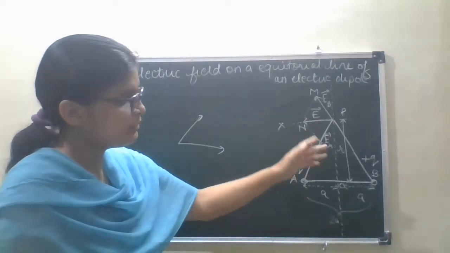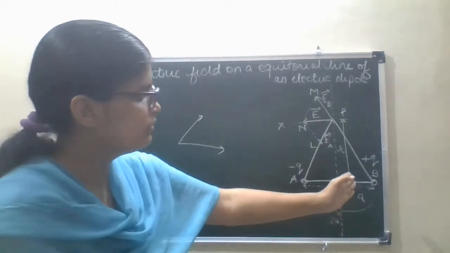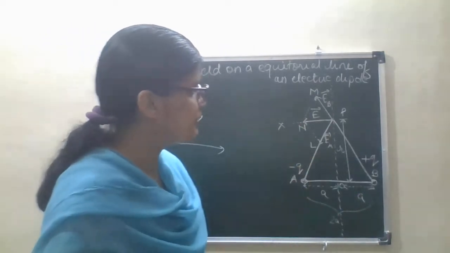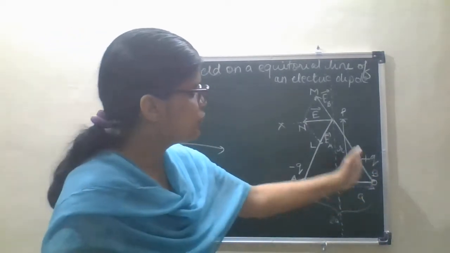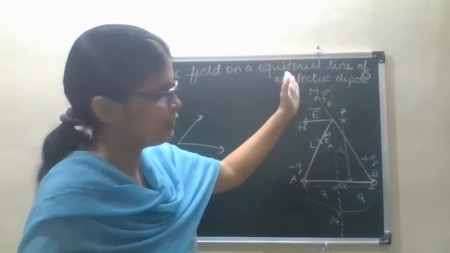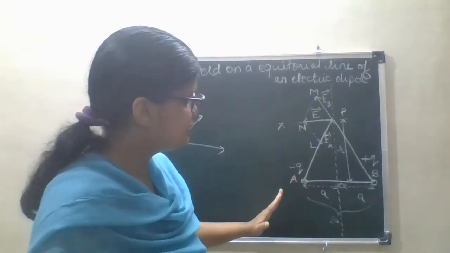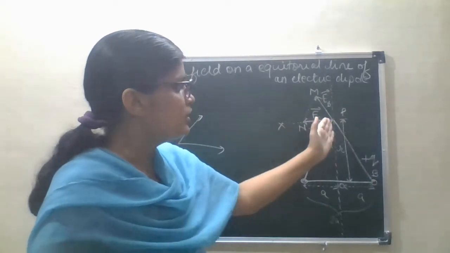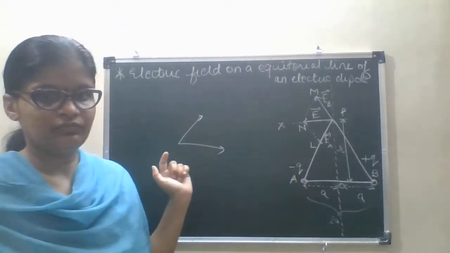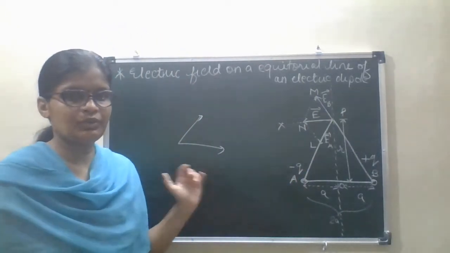Why did these two lines come over here? Because we have extended this point B in this direction, and this is also in this direction, but now we are going to consider the resultant PM. Are you getting the point of what we are doing?